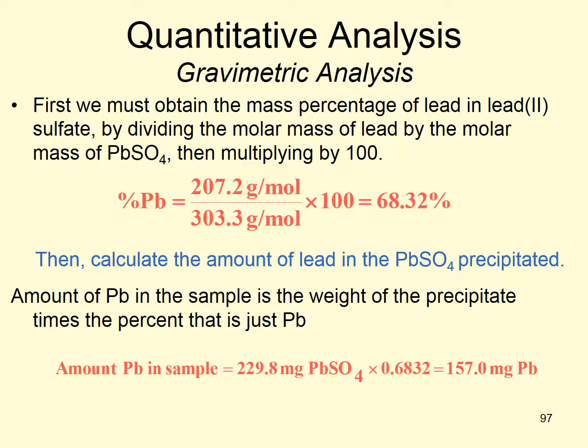If we multiply that by 0.6832, or 68% divided by 100, we find out that out of the 229.8, 157.0 milligrams is lead. Now we just need to divide by the number of liters. Since it was 1 liter, it's just 157 milligrams per liter. If we had used a smaller volume, we would just divide by how many liters we actually collected as our final dividing point.